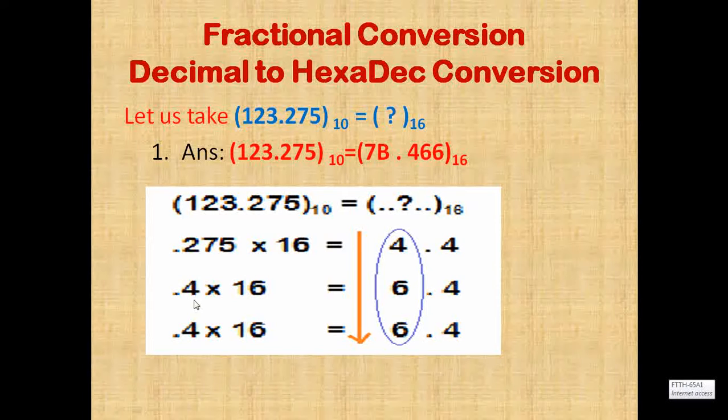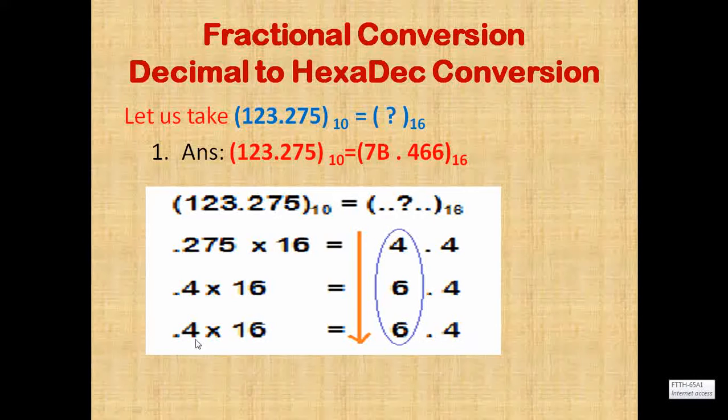So 0.4 into 16 is 6.4. Again we will leave out this integer part and we'll consider only this fractional part, and again we'll multiply that fractional part by 16, and we get again 6.4. So the integer part is 6 and fractional part is 4.